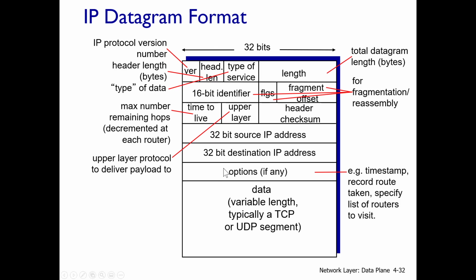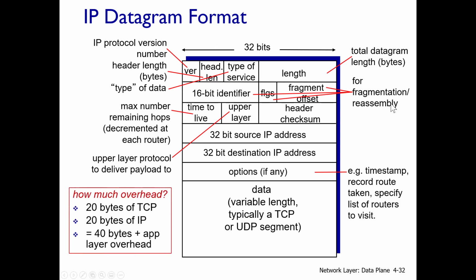But if you use the options field, let's say you utilize 40 bytes, the packet header will be 60 bytes. So how much is the overhead? 20 bytes come from TCP and a minimum of 20 bytes from IP. So we have basically 40 bytes plus the application layer overhead, the size of the data. And if you use the options field, in addition you also have the options field overhead.